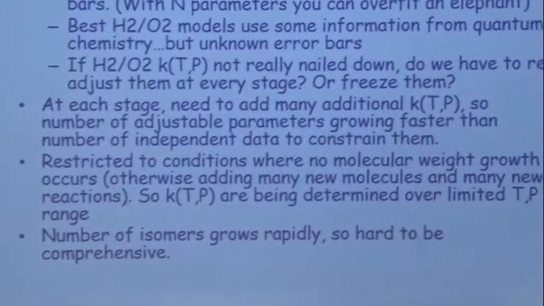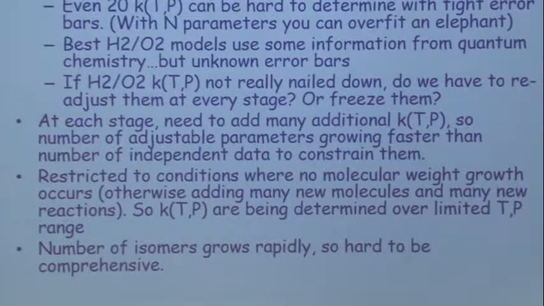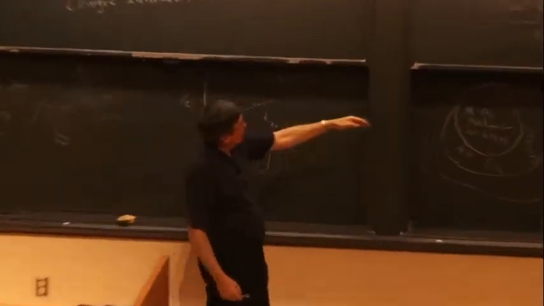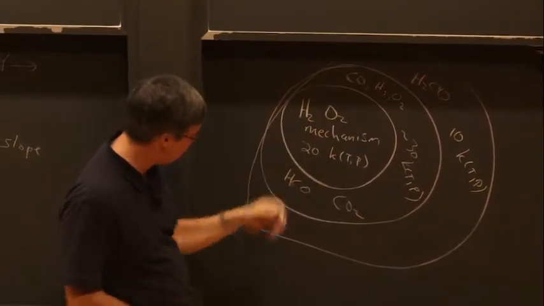So there's actually quite a lot of experimental data for hydrogen and oxygen, for methane. But as you get up to the C4 species, there's many C4 isomers that no one has ever burned and measured anything about. And so there's no data to fix it. And also, the concept here is that when you add a species, it only makes itself or a few other species, it doesn't make a whole lot extra.